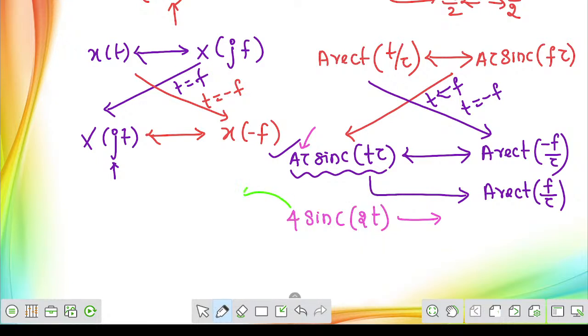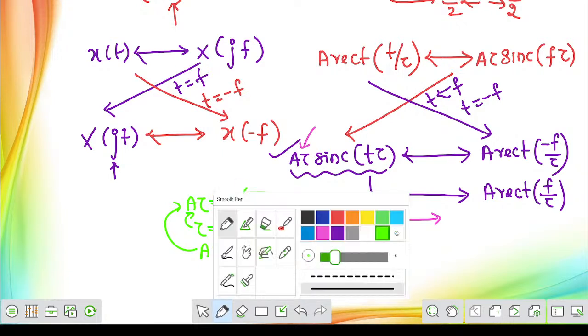If you compare this, here we have 4. In place of 4 we have A into tau, so I can write A tau equal to 4, first thing. And here t into tau we are having, so from this I can say tau is equal to 2. Substituting tau equal to 2 here, 2 into A equal to 4, so A equal to 2. Now we found the values of A and tau, both are 2.